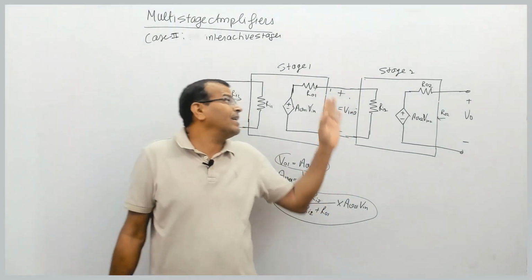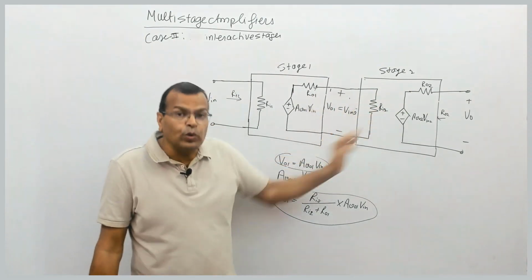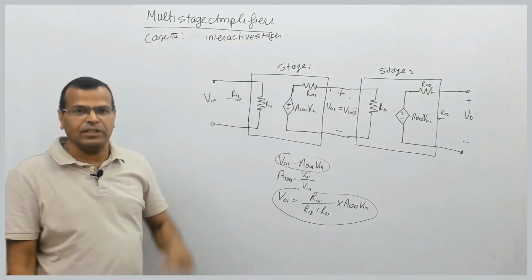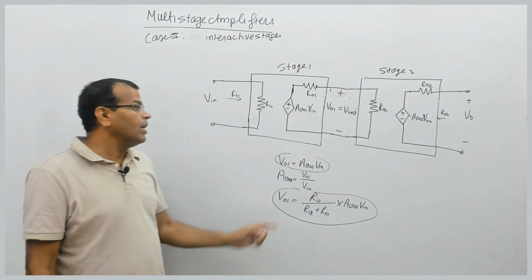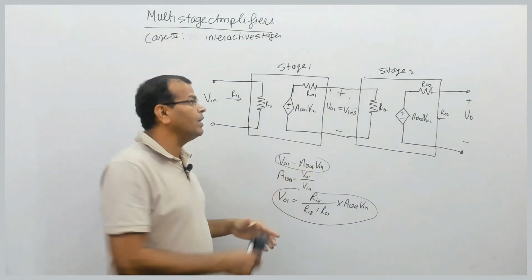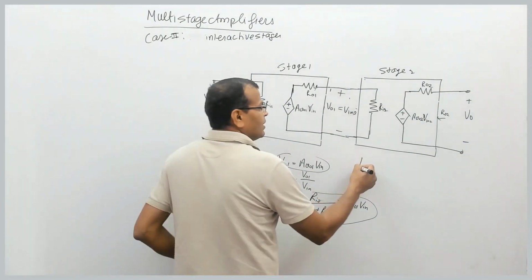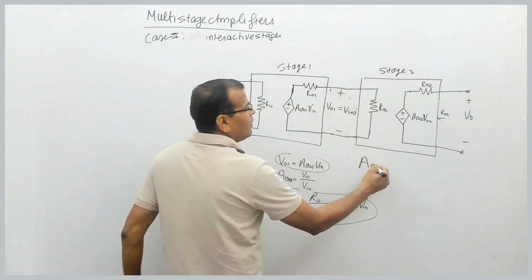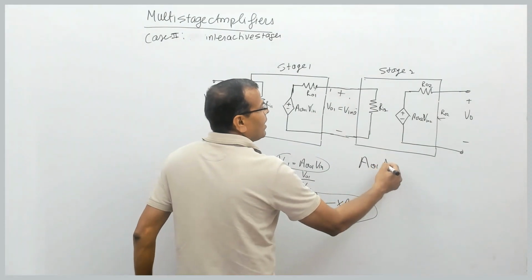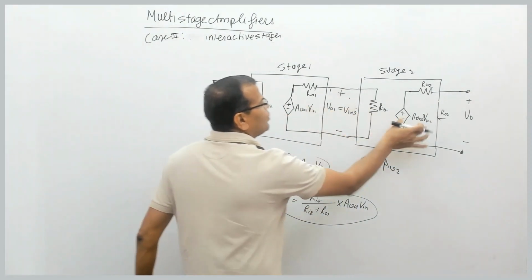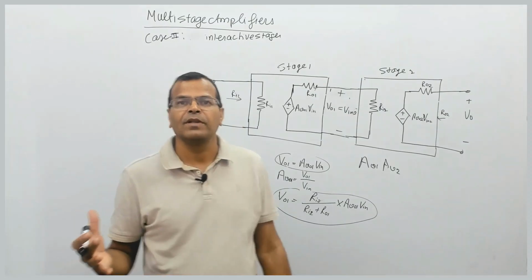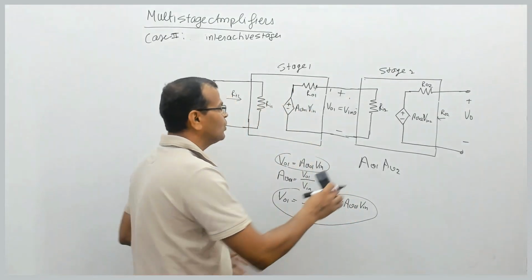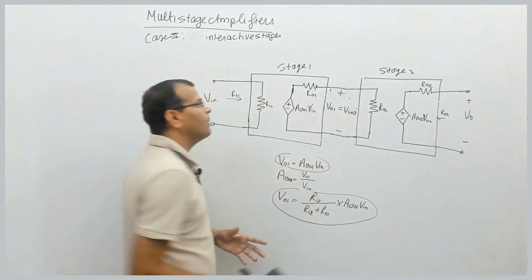So that means there is interaction between these two stages. That is why we call them interactive stages. Fine. In the previous case we considered them the same. If you talk about non-interactive stages, the overall voltage gain will be taken like this, AV1 multiplied by AV2. Simple product of these two gains we take. But in case of interactive stages we don't take that. Fine. So you have to remember like this.